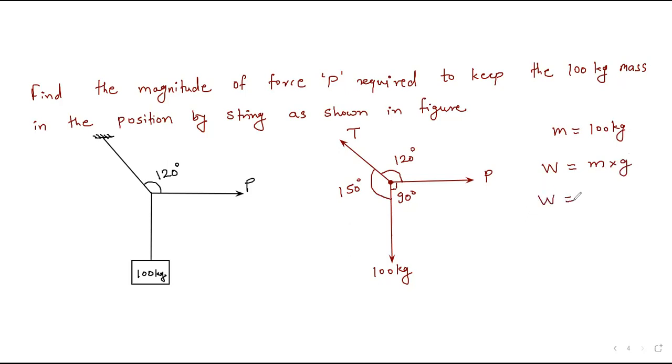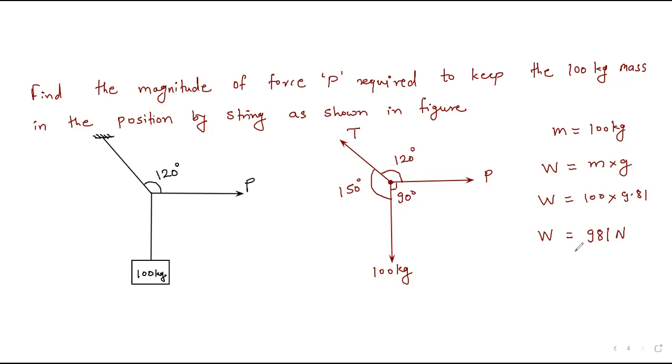So W is equal to 100 kg into 9.81 meters per second square, which is 981 Newton.